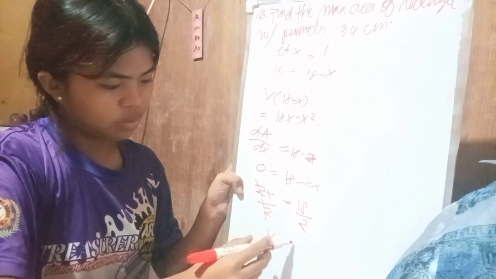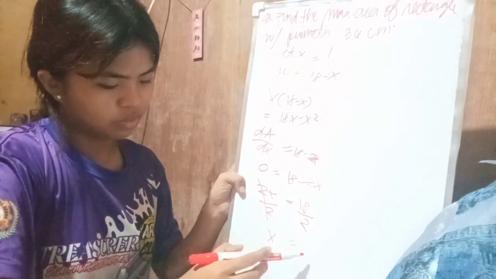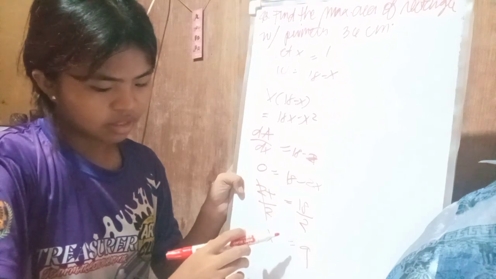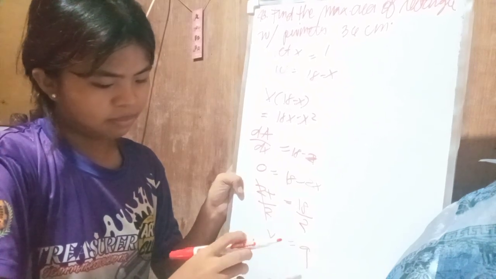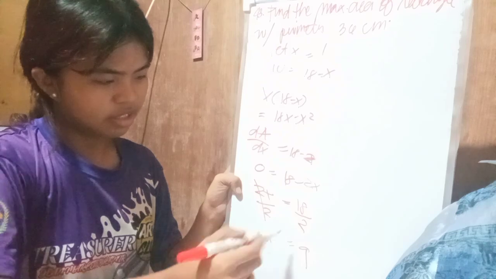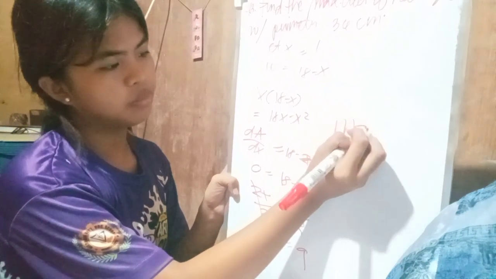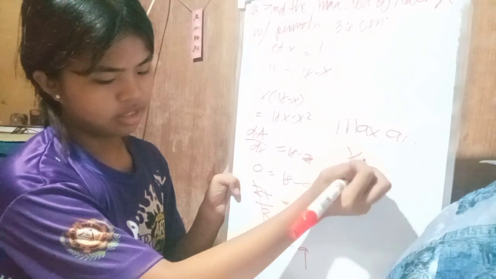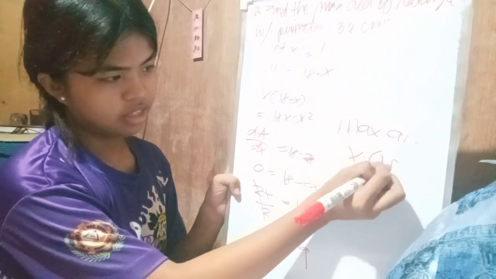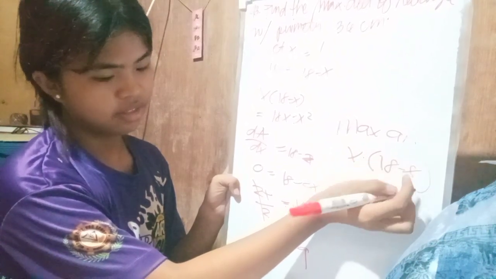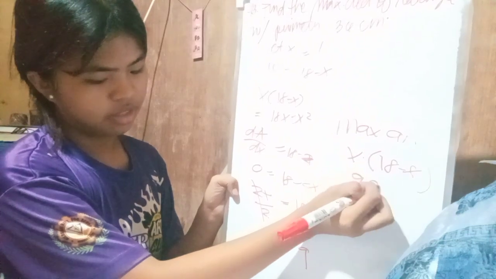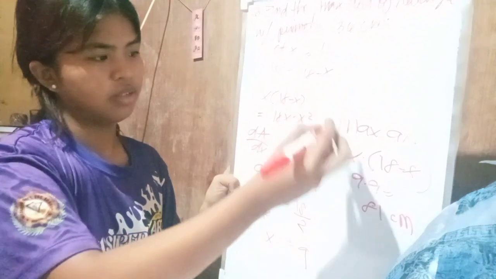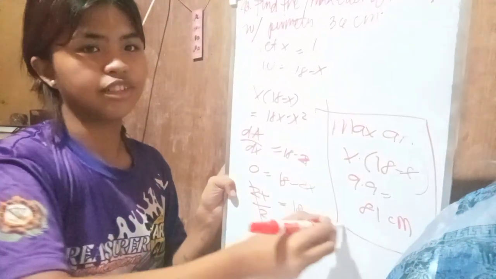So, x is equal to 9. So, the maximum area is 18x, and then 9 times 9 is equal to 81 square centimeters. That's the answer.